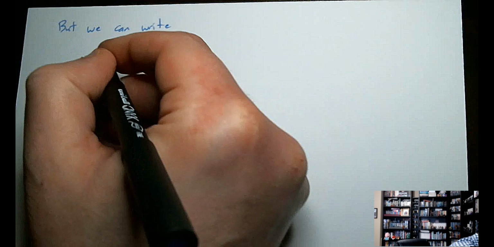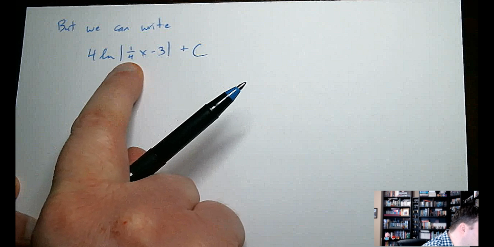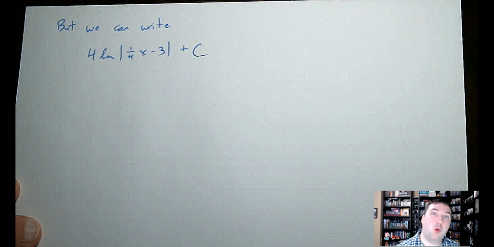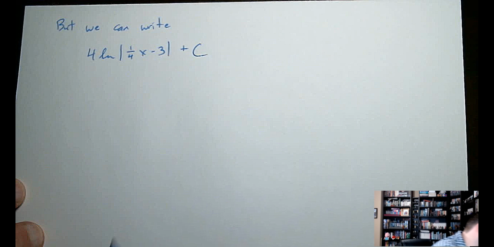So there we had 4 times the natural log of the absolute value of a quarter x minus 3 plus c. And so let's deal with that coefficient of x, that quarter. Let's factor that out of the argument of the logarithm.